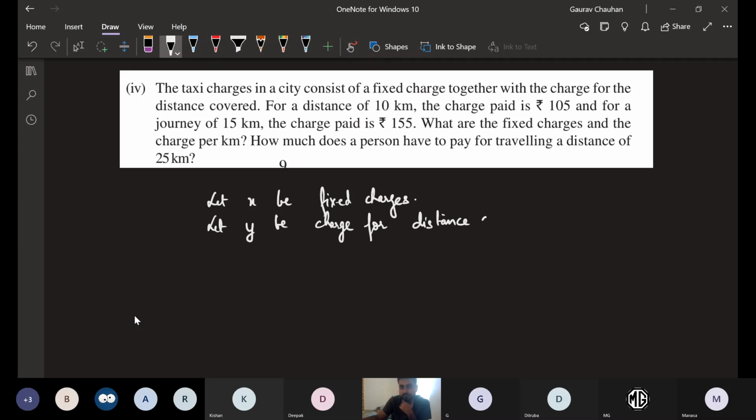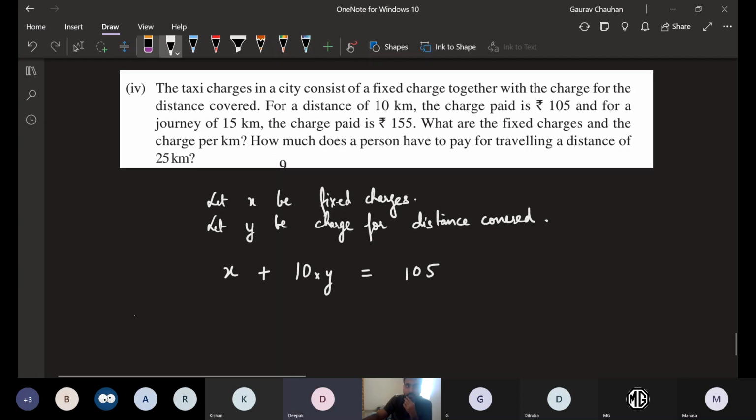Perfect. Tell me. Sir, then in the first statement it says for a distance of 10 kilometers the charge paid is 105, sir. Then we can write x plus 10y, sir, equals 105.